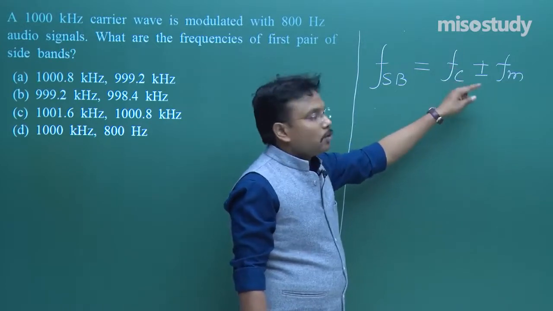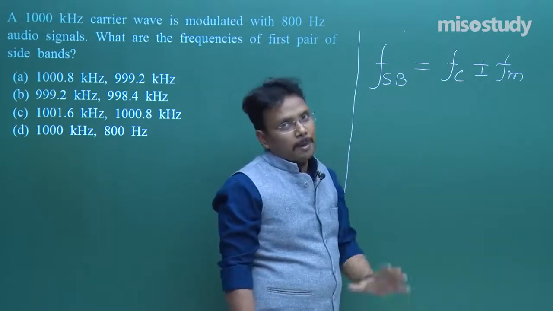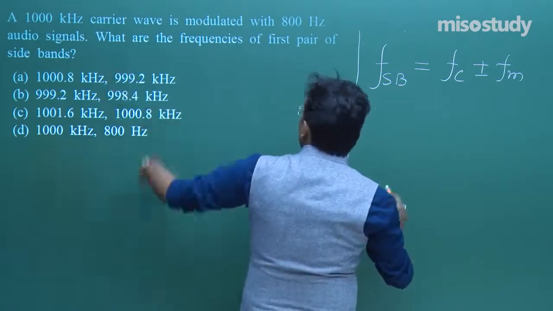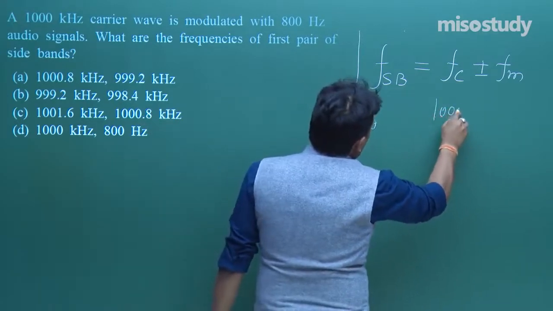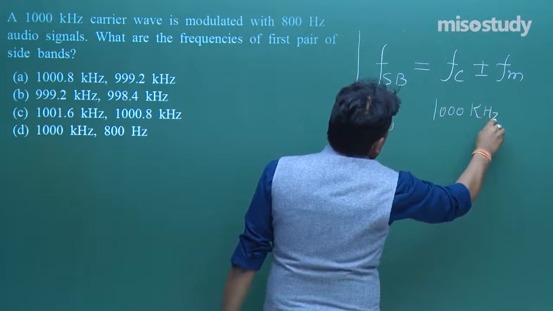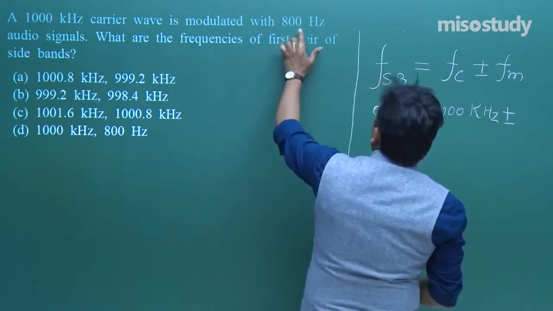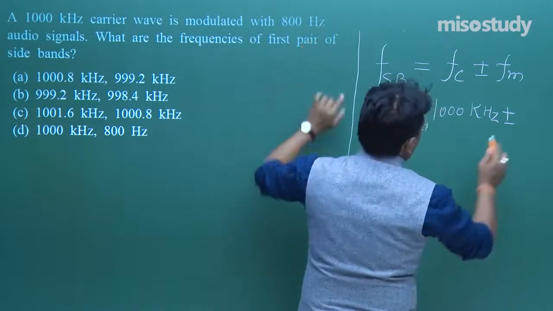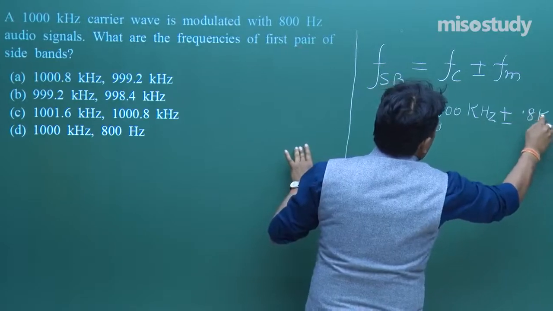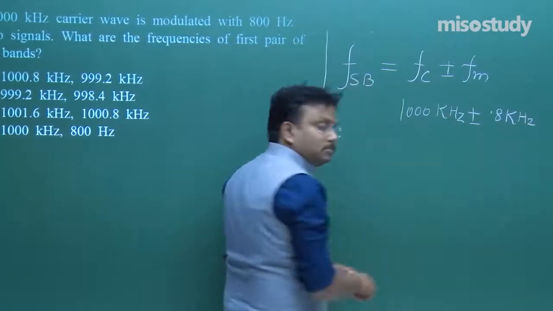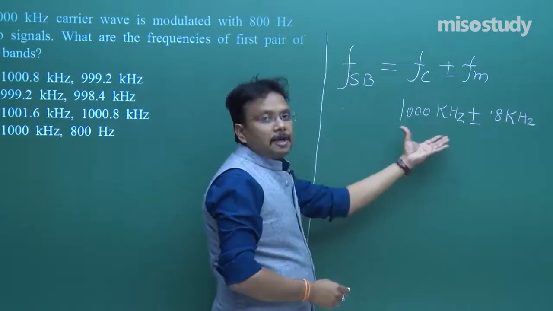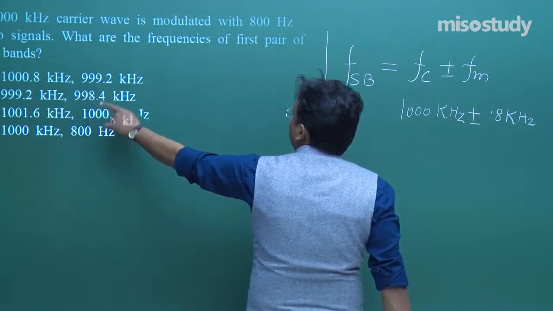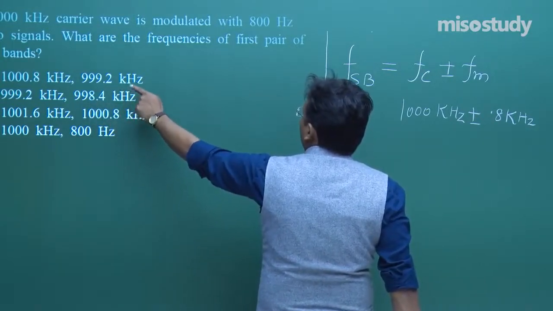First you add, then you subtract, so you find the values both ways. Use the value of 1000 kilohertz plus or minus 800 hertz. 800 hertz means 0.8 kilohertz. Now add and subtract. Ultimately, you will get 1000.8 kilohertz and 999.2 kilohertz as your answer.